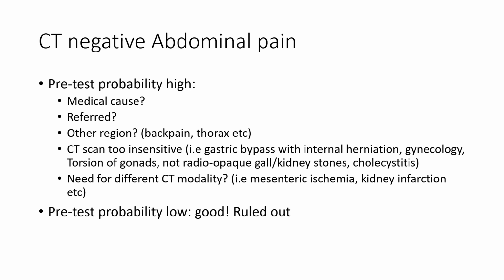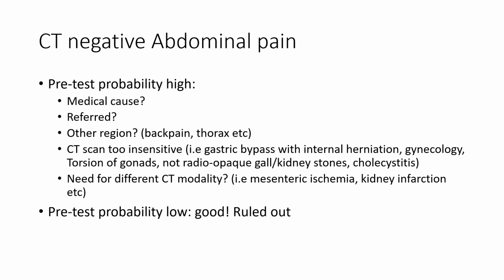And just some causes for the CT scan to be negative: is it a medical cause? Is this ACS? Is this DKA? Is the pain referred, right? Is it actually coming from a different region? Is this a hip pain? Is this testicular torsion localized in the abdomen?